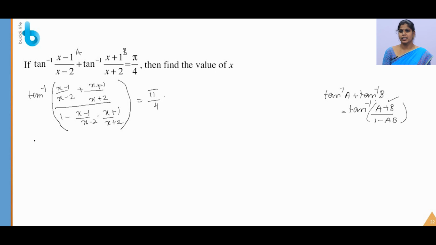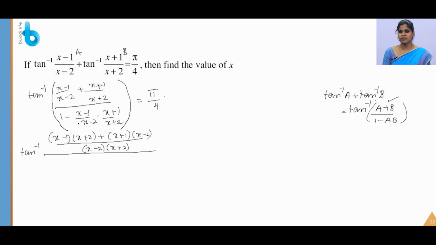Now take LCM for both the numerator and denominator. It is tan inverse of [(x minus 1) into (x plus 2) plus (x plus 1) into (x minus 2)] the whole divided by (x minus 2) into (x plus 2), the whole divided by.